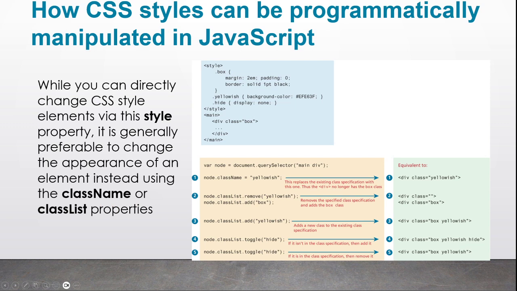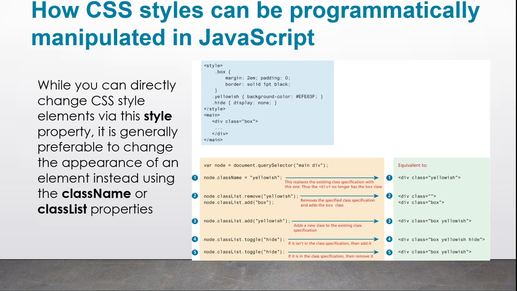Okay, so this is just kind of expanding on what I was talking about. It's the difference between using an inline style and using a CSS file. So you can use the style property, but in general, it is better to use class name or class list to add and remove, right?